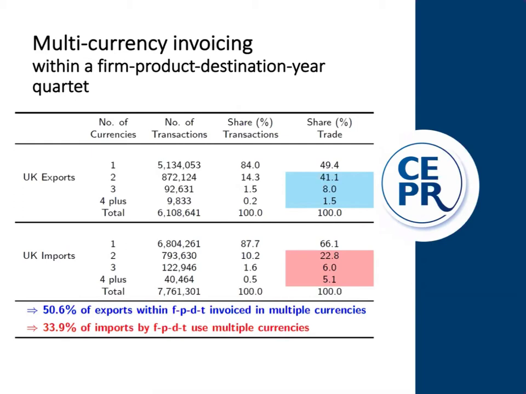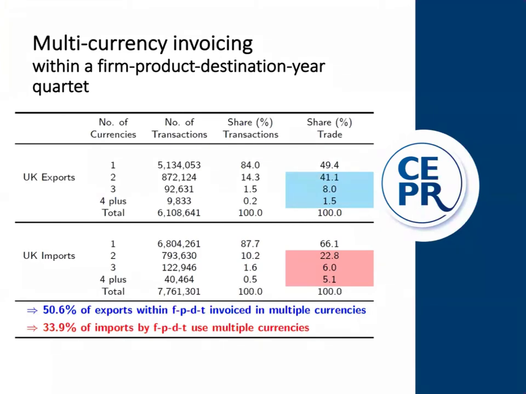If we look within a firm and a product, even within a country, so for example, ABC firm exporting spark plugs to Canada, about 50% of the UK's export value is by firms that, within that firm, product, and destination, and within a year, are using only one currency. So they're either invoicing in dollars or in British pound sterling or in euro, but they don't change their currency within the course of one year.